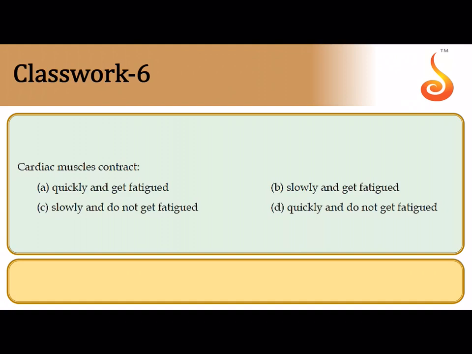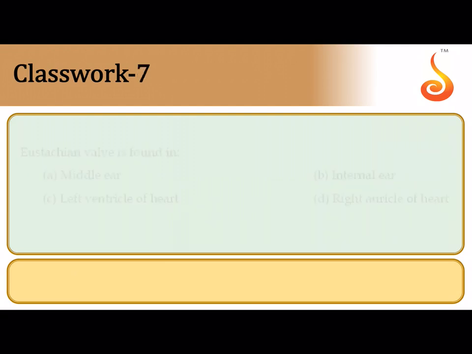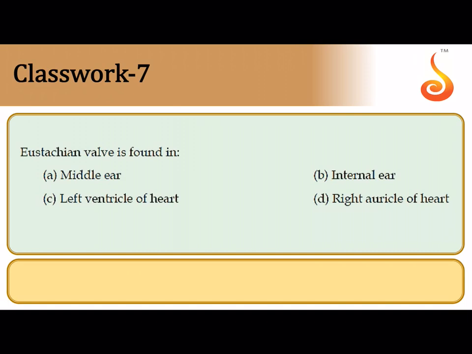Cardiac muscles contract very quickly, but they do not get fatigued because they are in direct contact with blood and they have an enormous amount of mitochondria in them. The Eustachian valve is a valve found in the right auricle of your heart. It is actually the valve of the opening of the inferior vena cava.